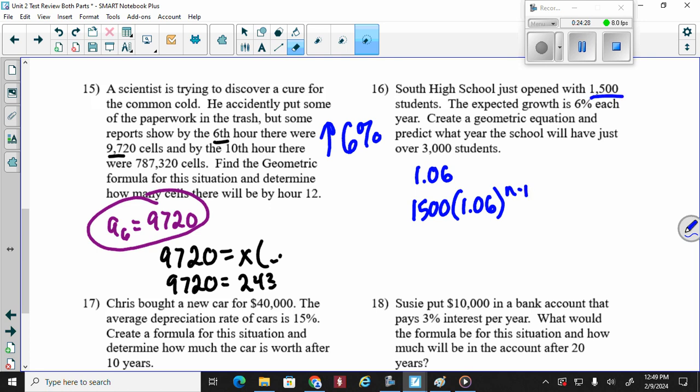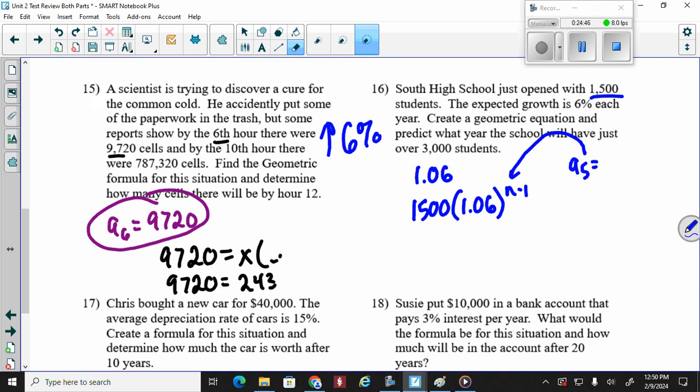Now it says create a geometric equation, which we did, and predict what year the school will have just over 3,000 students. So now we're guessing, how many years will it take? And I'm literally guessing. Maybe it'll be your 5th year, so A of 5. So I'm going to take 5, plug it in there.